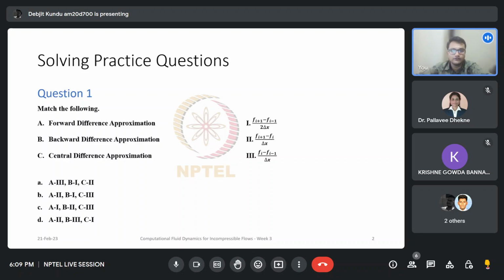Option 3, we have fi minus fi minus 1 divided by delta x. And among the combinations, we have A3, B1, C2, option A. Then in option B, we have A2, B1, C3. Option C, we have A1, B2, C3. And option D, we have A2, B3, C1. It's a very simple question, so I hope all of you get this right.